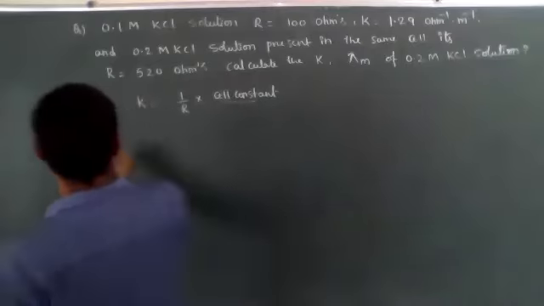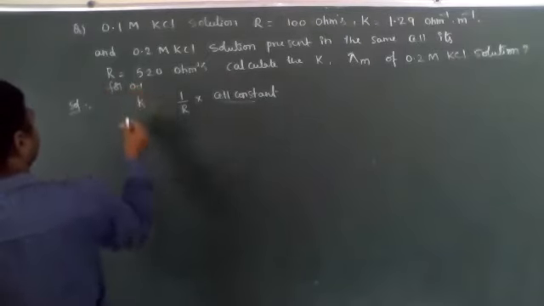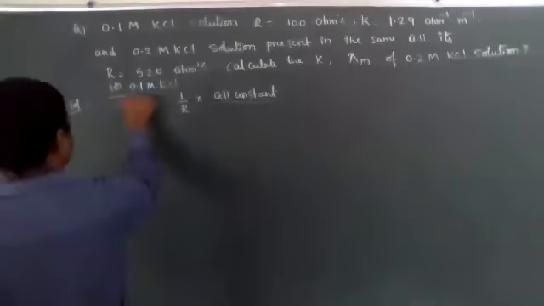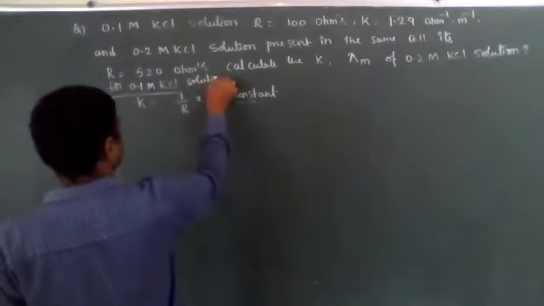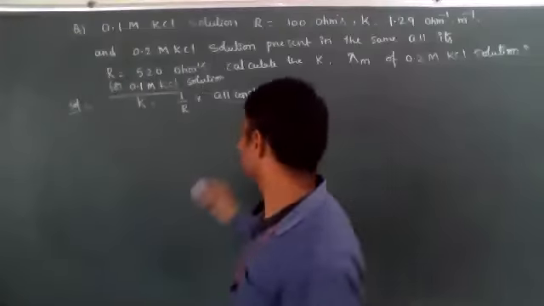So for 0.1 molar KCl solution, K is equal to 1 by R into cell constant.